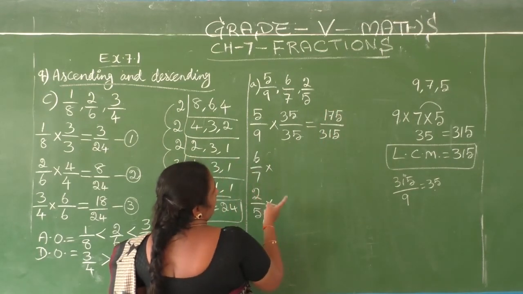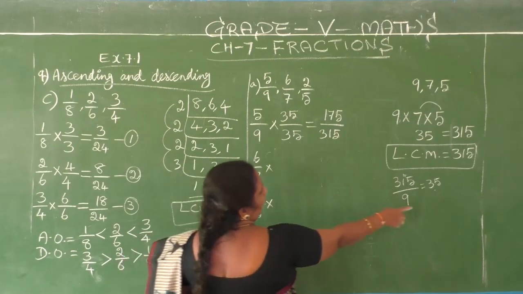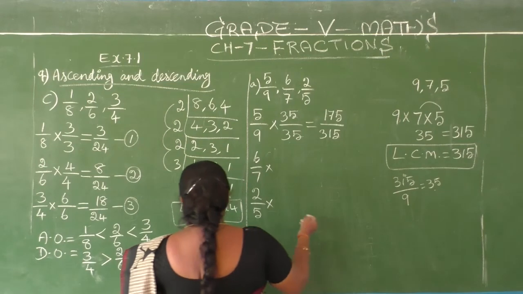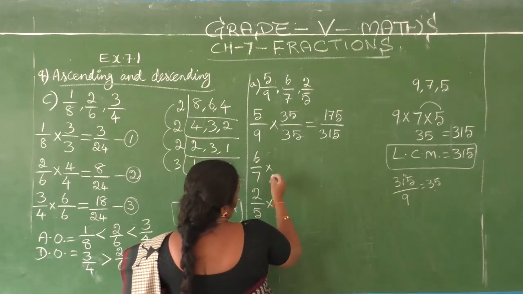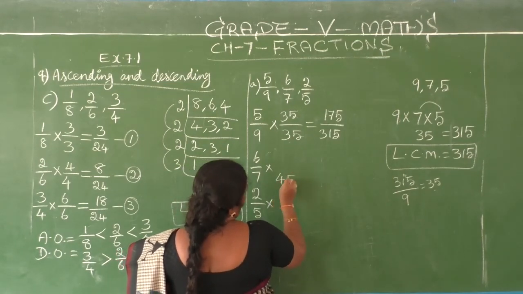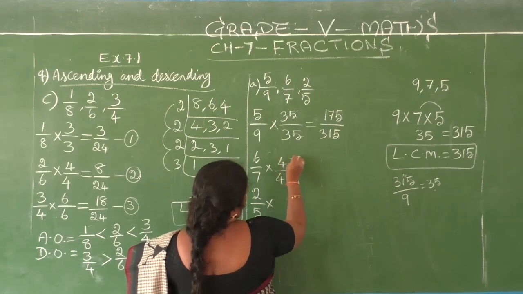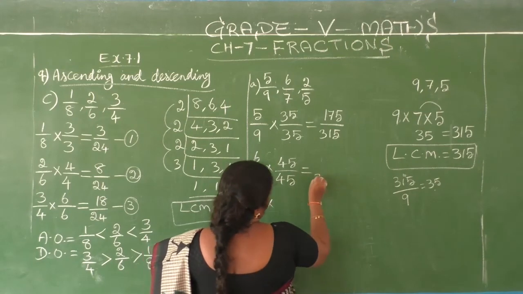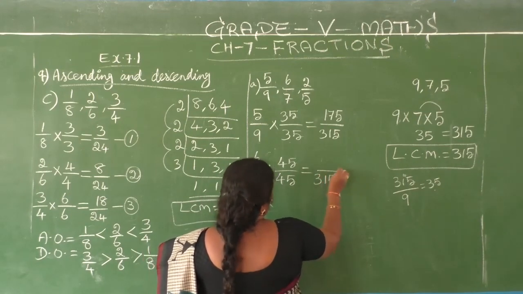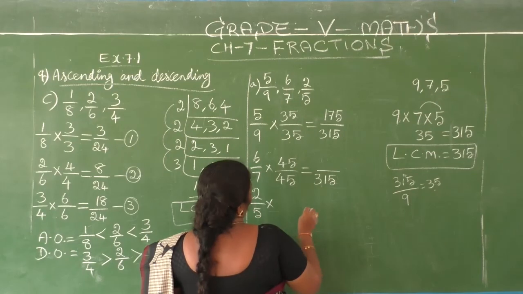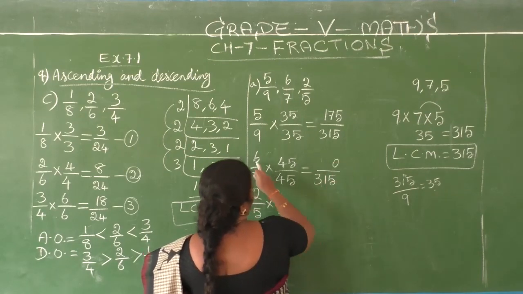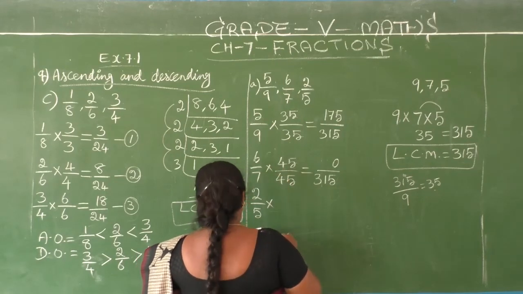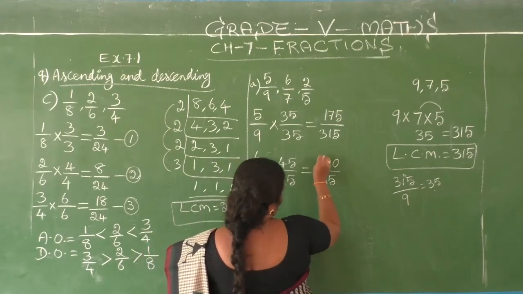Then here 6 by 7. For this also you can find out like this by the dividing method. I know it, so that's why I am writing directly. So here I am going to take the 45 table, 45 by 45, so here it will come 315. Here 5 6s are 30, 0. Remaining 3. 4 6s are 24. 24 plus 3, 27.